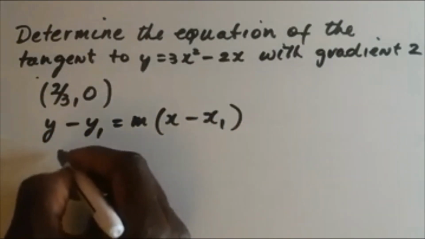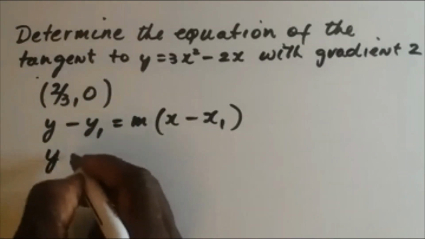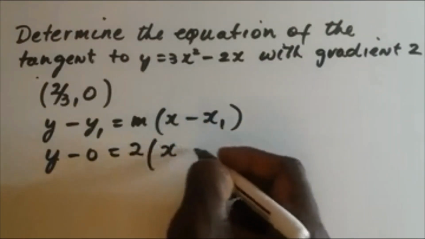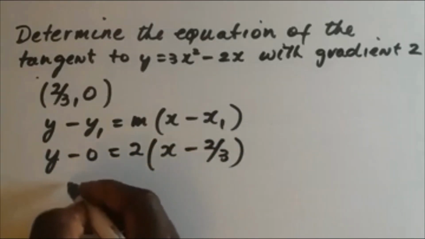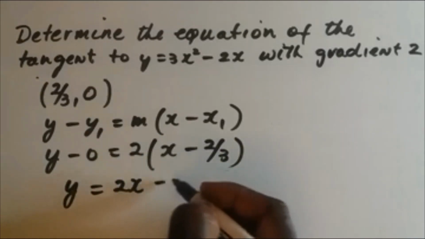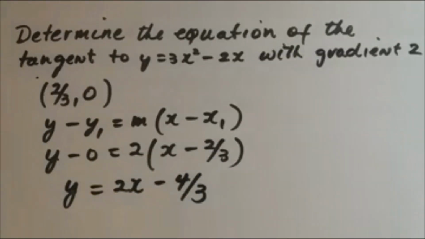So we have y at 0 and x at 2 over 3, so this is y minus 0 is equal to, and the gradient is 2, times x minus 2 over 3. And this works out to be y is equal to 2x minus 4 over 3. And this gives us the equation of the tangent to the curve with gradient 2.